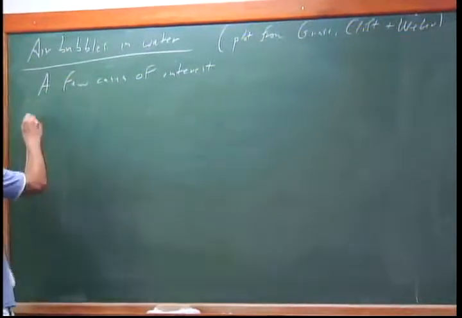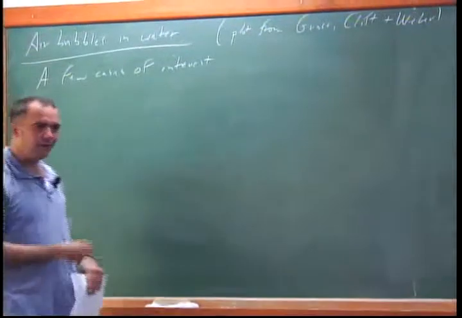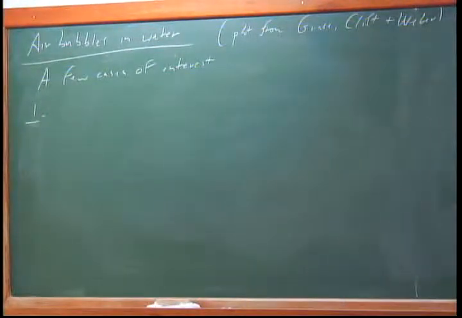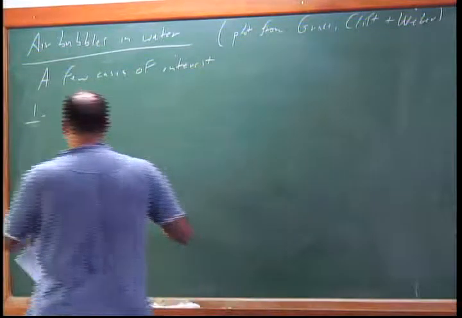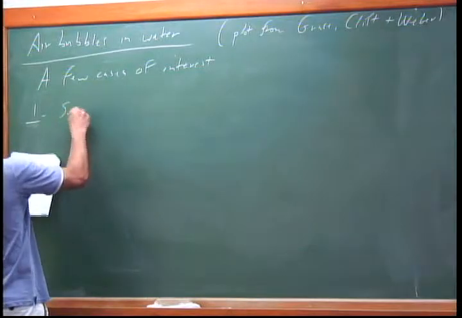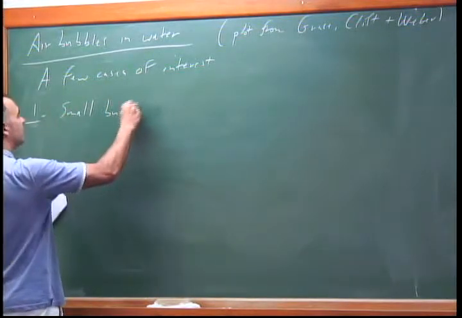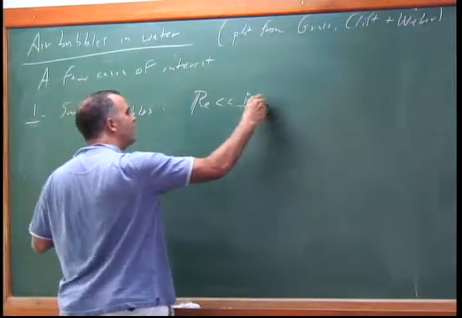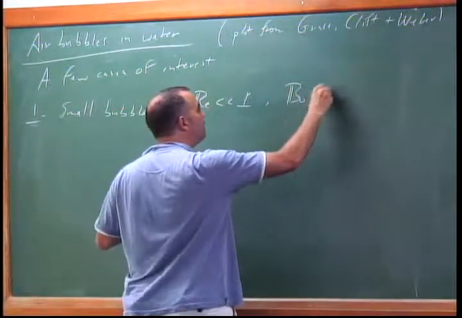Do you all know how to do this? The rise speed of a small bubble. These are scaling arguments. If anyone's ever taken a course with me, they have to be able to do this scaling argument. Okay, so small bubbles. Say the Reynolds number is small and the Bond number is small.